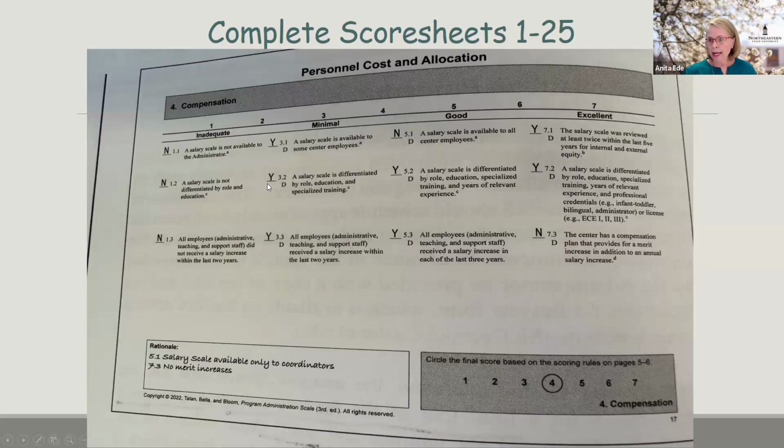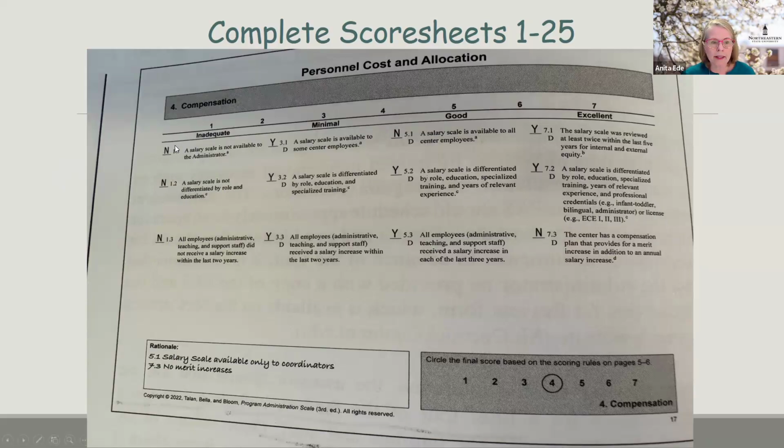It starts out, first you go from here to here. A score of 1 is given if any indicator under the 1 column is rated yes. That's an automatic 1. Even if you have yeses all over the place on this side, doesn't matter.